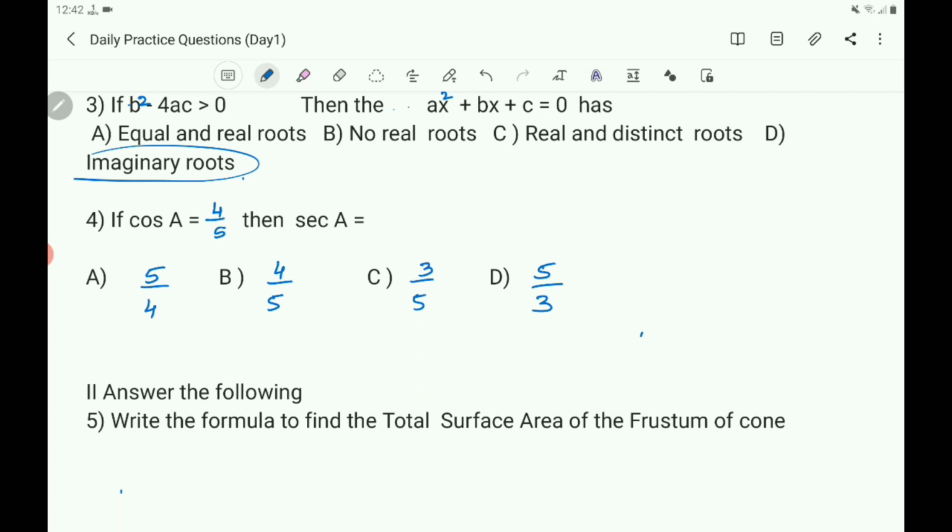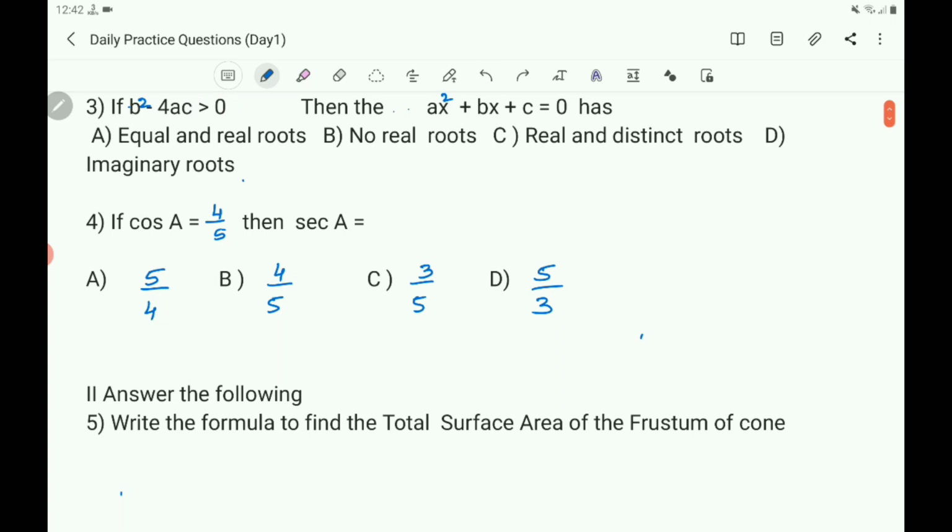You know that if b square minus 4ac is greater than 0, the value is positive. Then ax square plus bx plus c equals 0 has real and distinct roots. You know that if this is equal to 0, the roots are equal and real. And if it is greater than 0, the roots are real and distinct.